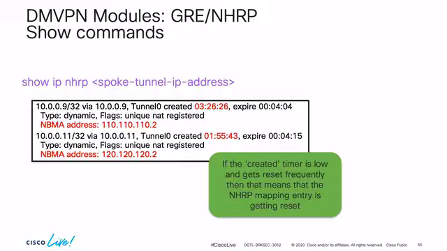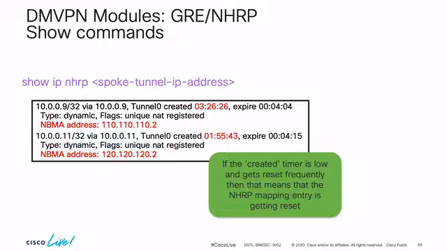If this created timer starts decrementing and gets reset frequently, then what it actually means is that the NHRP mapping entry is getting reset. So you want to go and troubleshoot this issue and try to figure out why the NHRP mapping entry is getting reset so frequently.